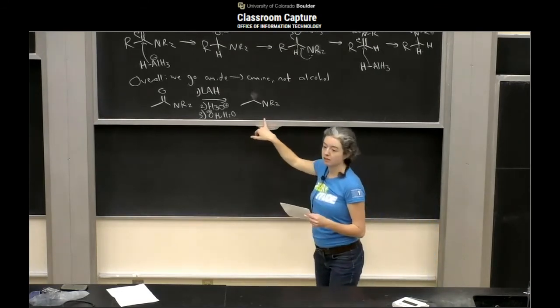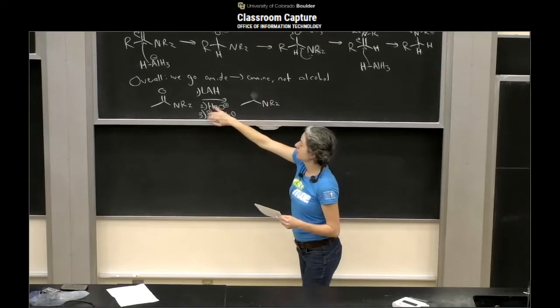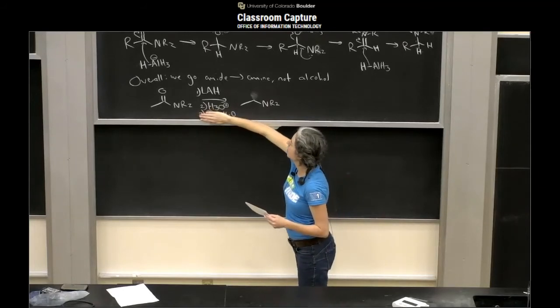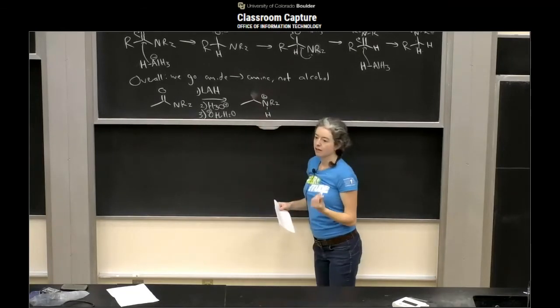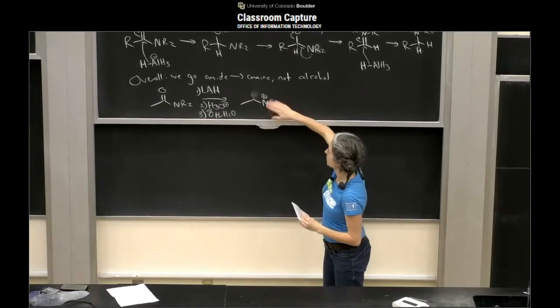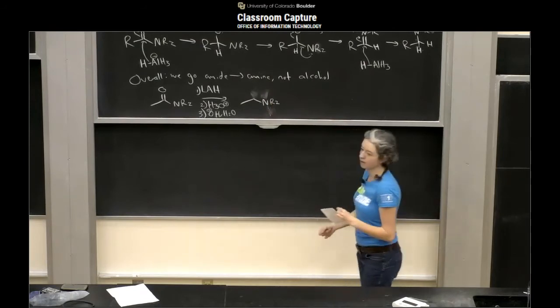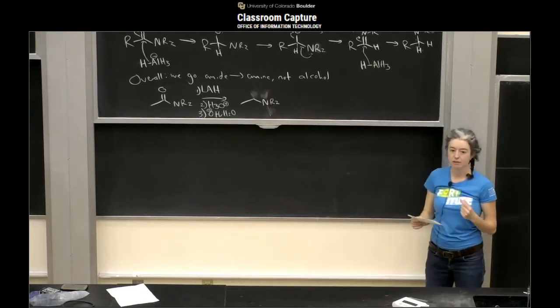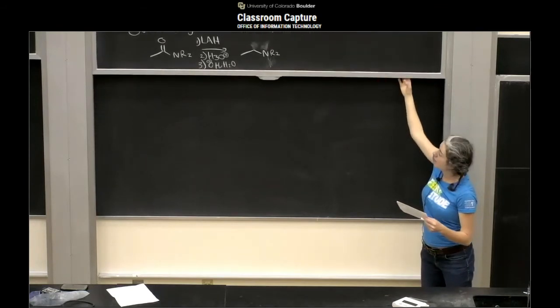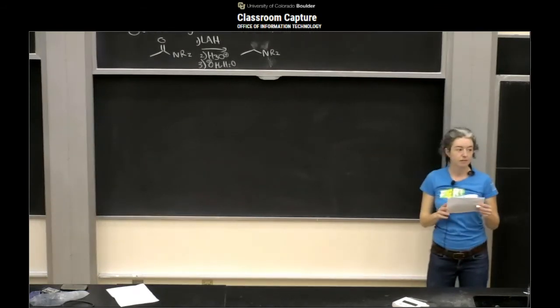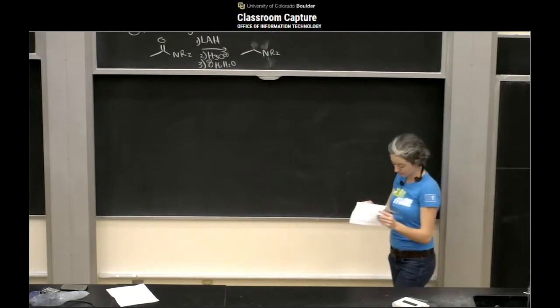Oh, down here you mean? Oh, so if we just stopped after step 2 here, we wouldn't be getting this. We'd be getting this instead. And so I would just want to clean that up by doing a mild base and washing that proton off. Okay. So other questions about that? Okay, cool.